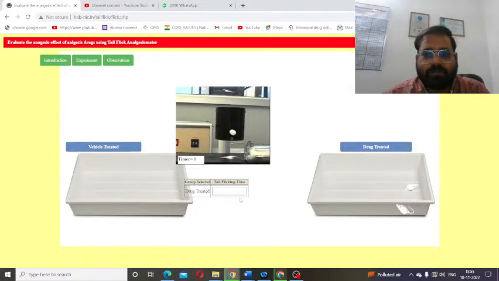Next we take another. Now it is 9, 10, the time taken is 11 seconds. Here 12 flicking. Now it is 14 seconds.